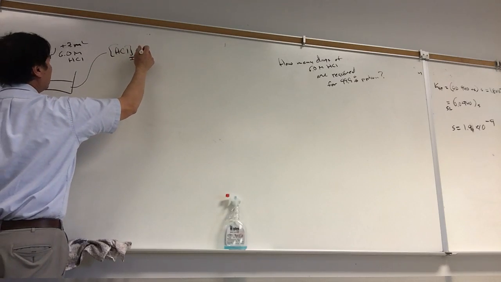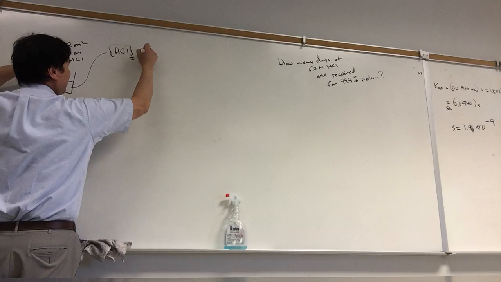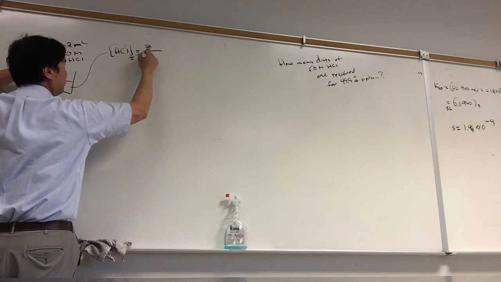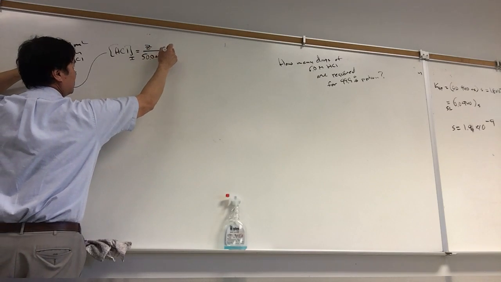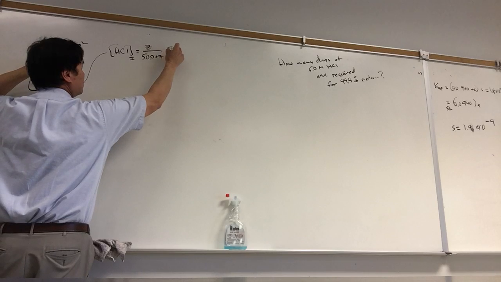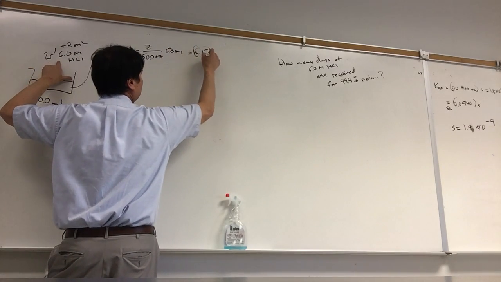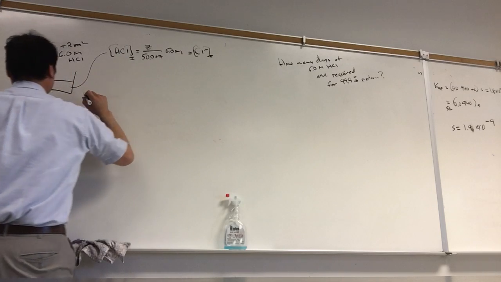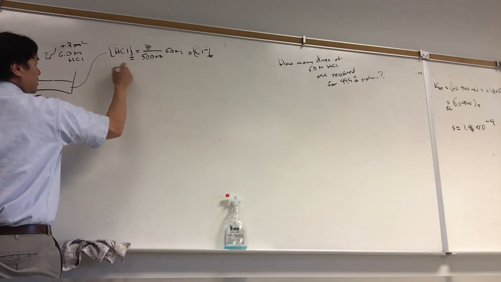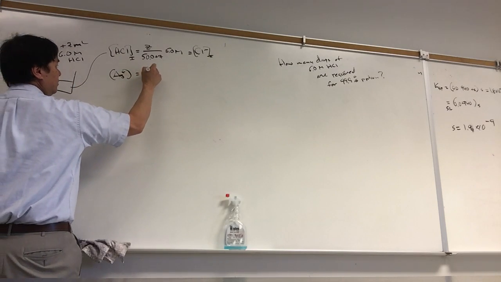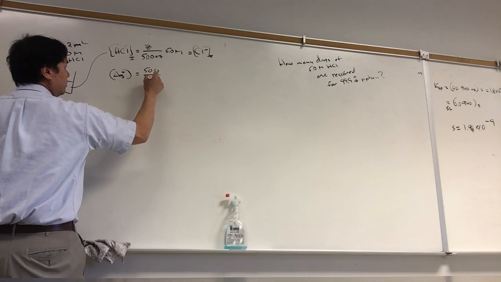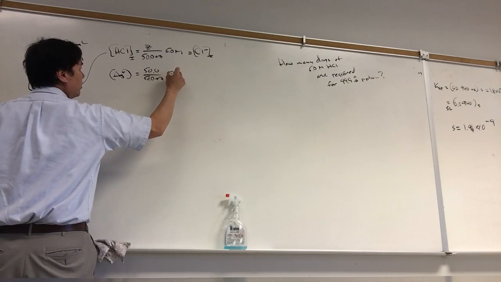Call this the initial. That's going to be Z over 50.0 plus Z times 6.0 molar. And this is the same as the chloride ion concentration initial. And then the silver ion concentration is going to be 50.0 over 50.0 plus Z dilution of 0.100 molar.